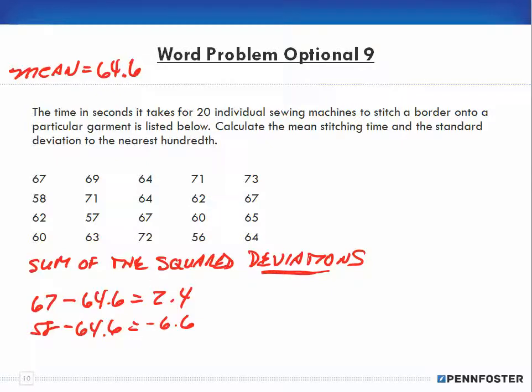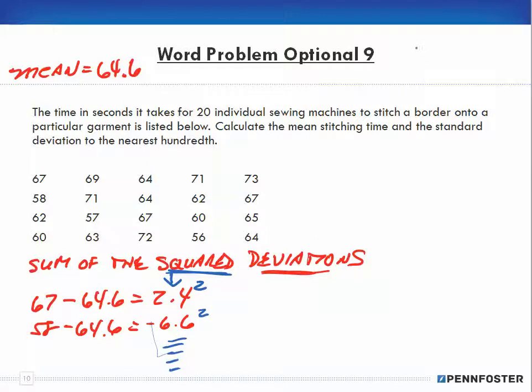Okay, so the first thing is what's the deviation? Well, these are your deviations. Remember, we're going to have 20 of them here. Then the next thing you do is you square them, right? So that means 2.4 squared, minus 6.6 squared, and each one of these 20 deviations squared.